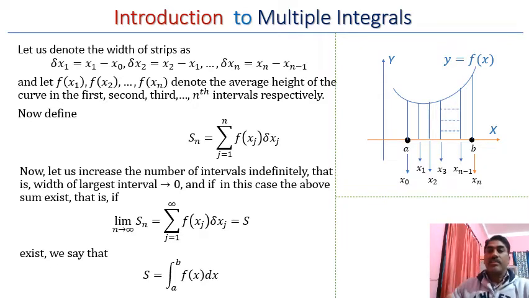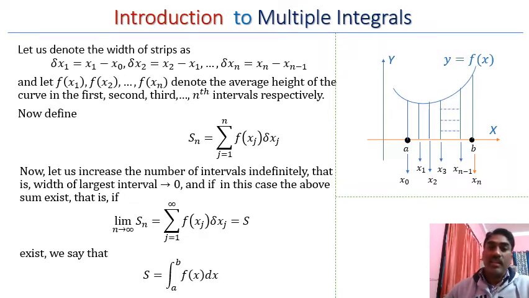That means the widths of the intervals tend to 0. Then what can we get? Do you think this sum will always converge, that is, always give a finite value?